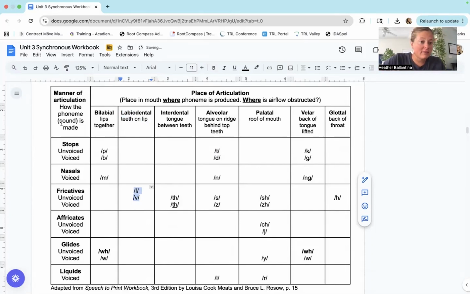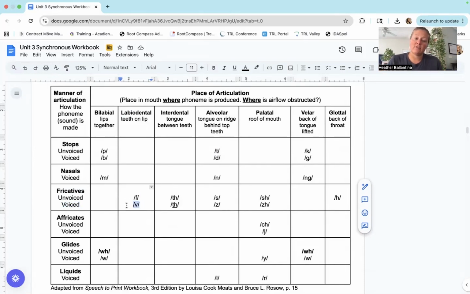Well, let's notice that this sound is in the same line as unvoiced, and the second sound is in the same line as voiced. So the only difference is that one of these sounds is voiced and one is not voiced. If we cover our ears and make each sound, you can hear that your voice comes on and activates for this second sound.